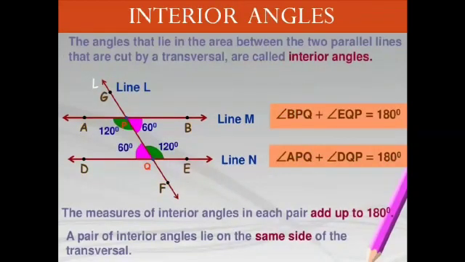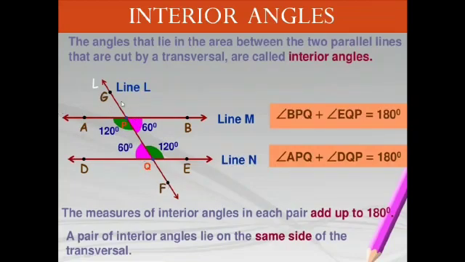Now, the next type of angles are interior angles on the same side of the transversal, that is consecutive interior or co-interior angles. We have studied that these angles are alternate angles, alternate interior, but now we are studying co-interior, meaning the angles which are on the same side of the transversal.